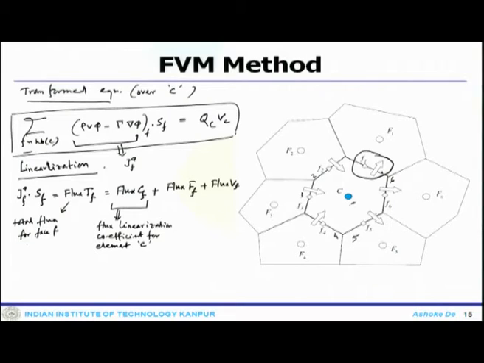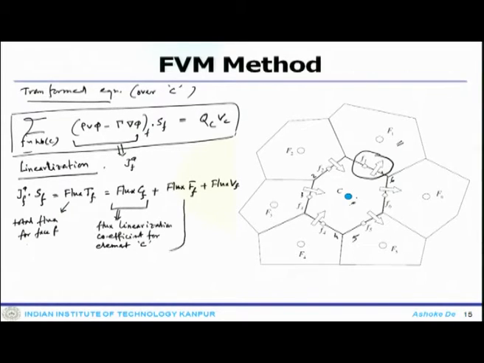So, when I do the linearization, because this is the total flux along this phase and this phase is connected with phase F1, one contribution comes from the linearization coefficient of this particular element along this phase.